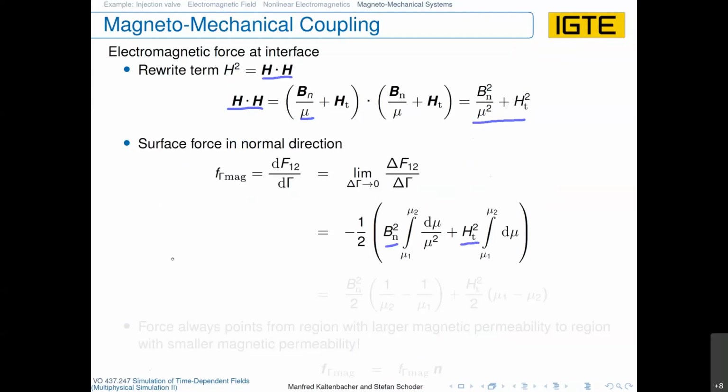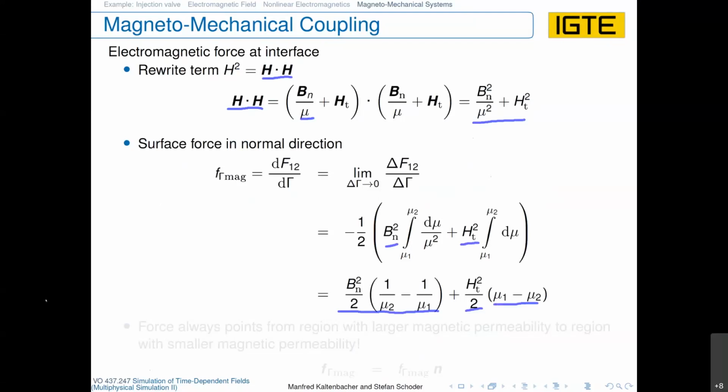Okay, that is an easy task for us, and that gives us the following: once a term which is proportional to the normal component of the magnetic induction squared, where we have 1 over mu2 minus 1 over mu1, and once the tangential component of the magnetic field intensity squared, scaled by the difference of the two permeabilities.